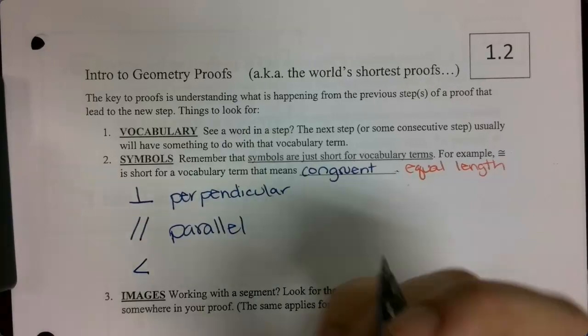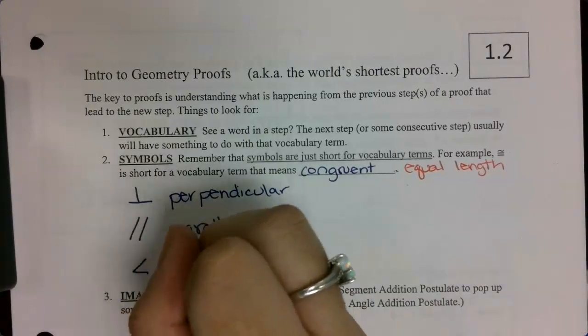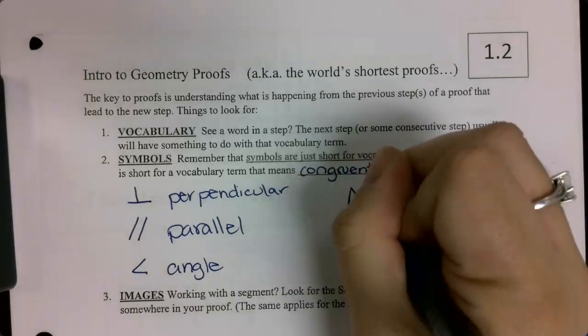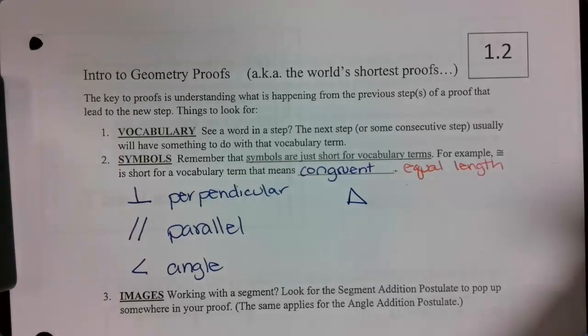Okay, this one means angle in geometry. And then there's one more. This one is a triangle, and it means triangle.